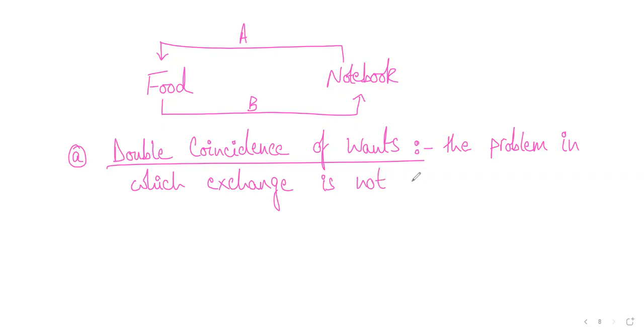The problem with double coincidence of wants, the problem in which exchange is not possible unless two people are willing, or let's make it a little more simpler.